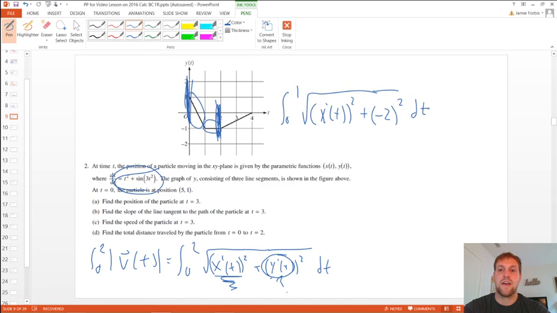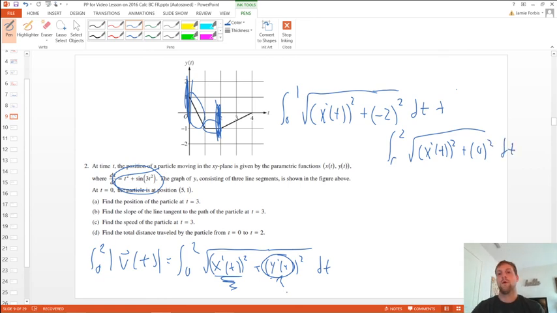Then I add the integral from 1 to 2 of the square root of x prime of t squared plus, for my derivative from 1 to 2, 0 squared. So we couldn't just plug in an equation for y of t. We had to put in a number because it's 2 line segments, and so we had to do 2 separate intervals. But for x prime of t, we could just leave the function in.